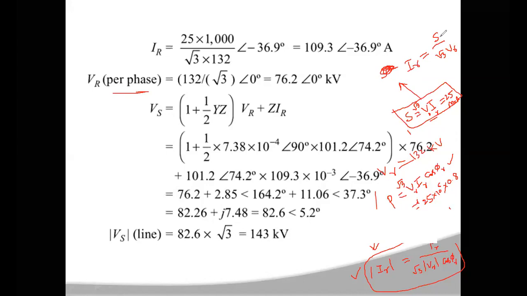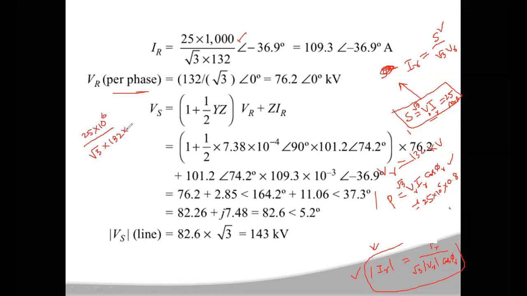And S here is 25 into 10 power 6, divided by root 3 into the line voltage, which is 132 kV.